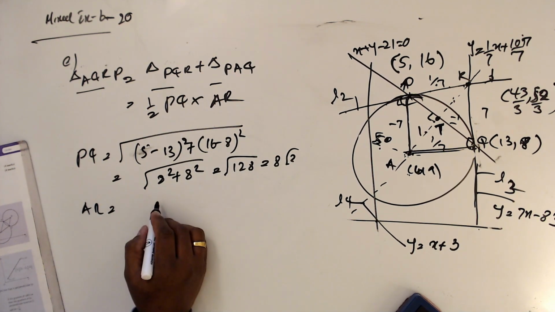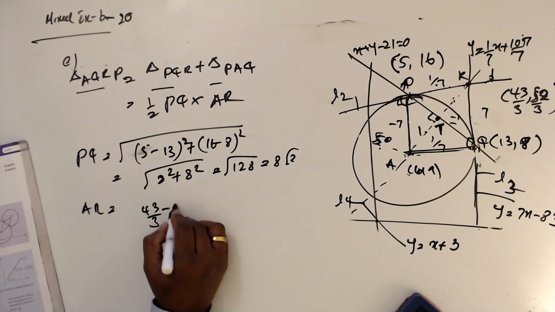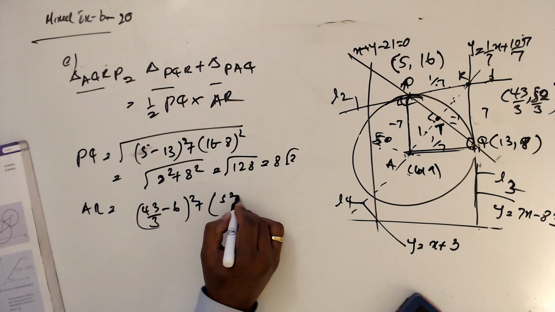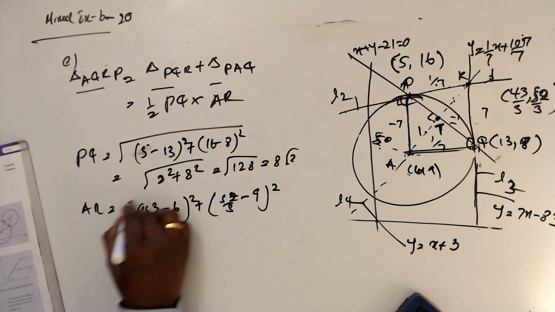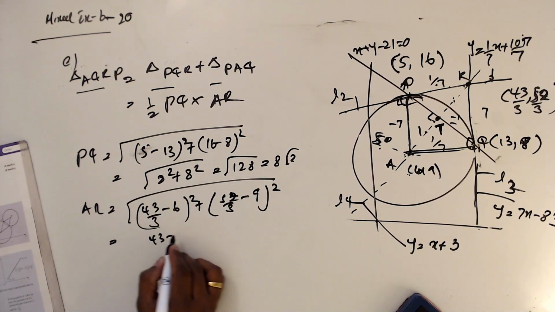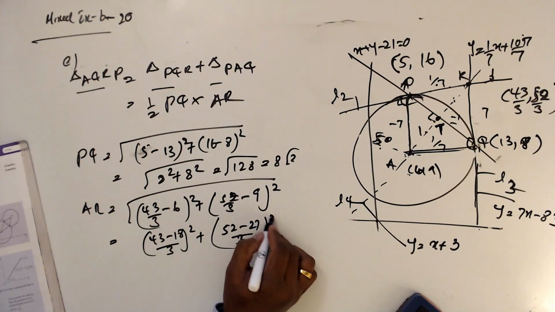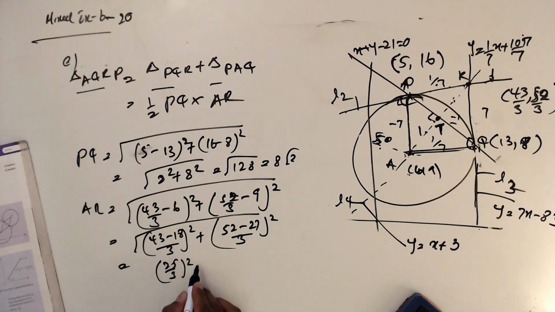AR is the square root of (43 over 3 minus 6) squared plus (52 minus 3) over 9 squared. So 43 minus 18 over 3, squared. And 52 minus 27 over 3, squared. 40 take away 10, 33 take away 8: 25 over 3 squared.